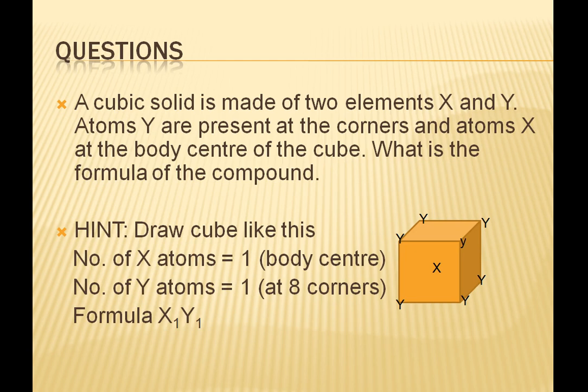Now contribution, if you have studied carefully, Y will be 1/8 into 8 corners means 1, X present at the center of the cube. So it will be 1 only. So the formula will be X1Y1.